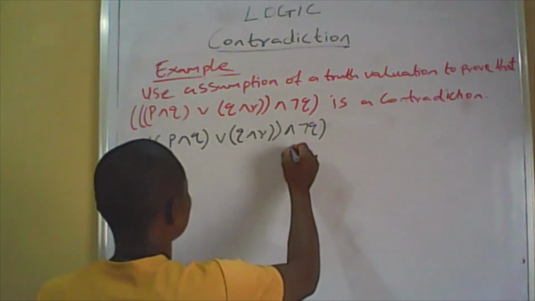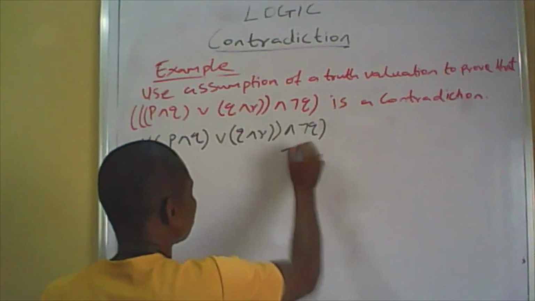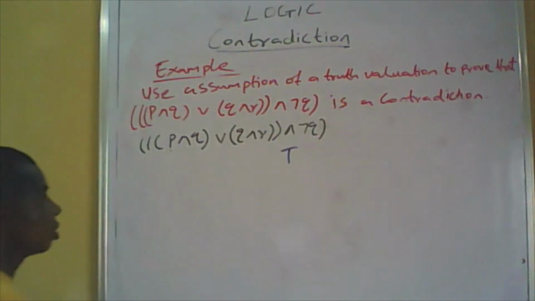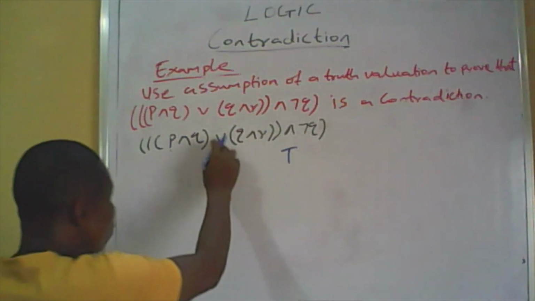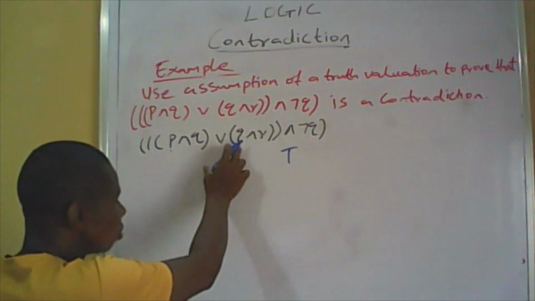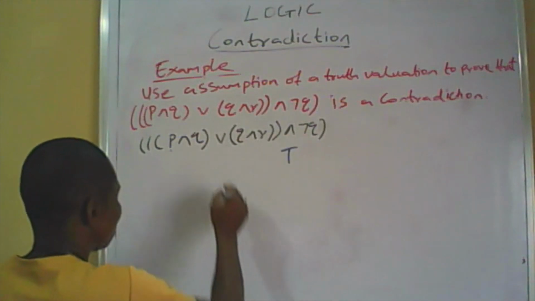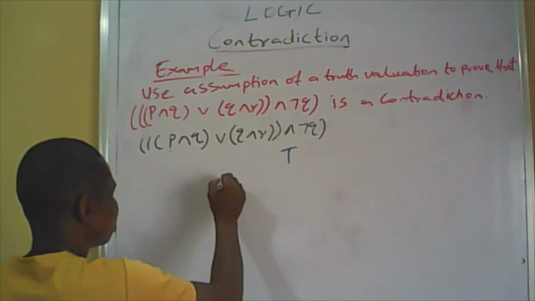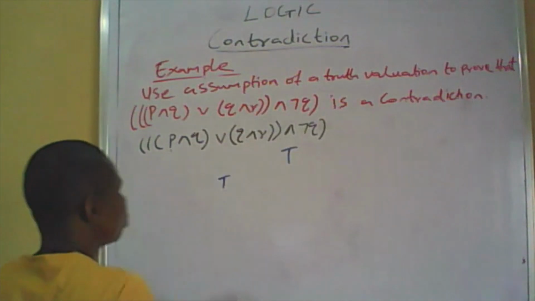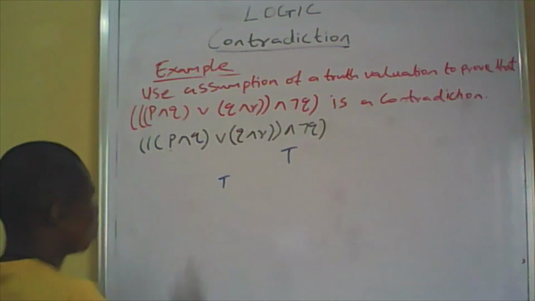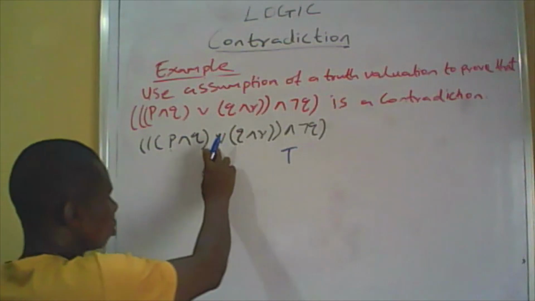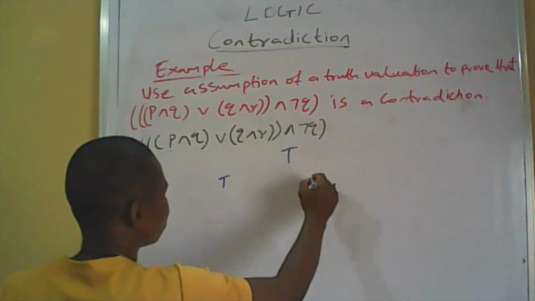If it is true, that means this one will be true, this one will be true. That means this relative here will be true, this relative here will be true.